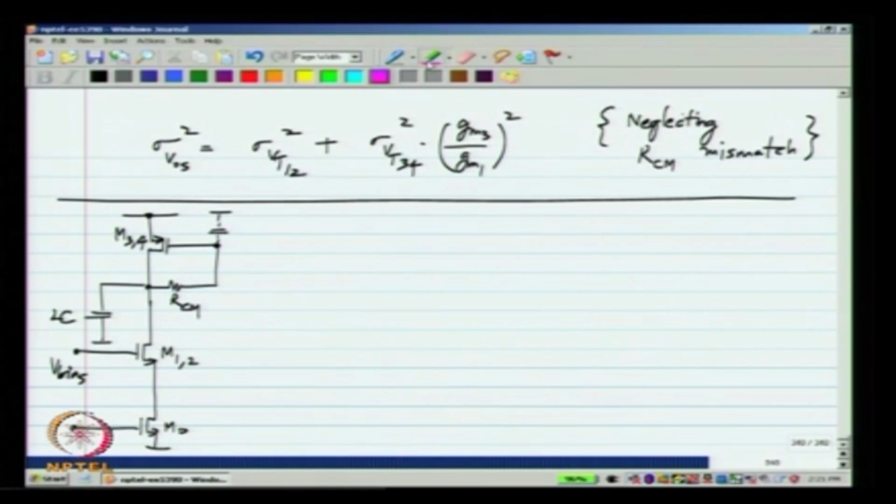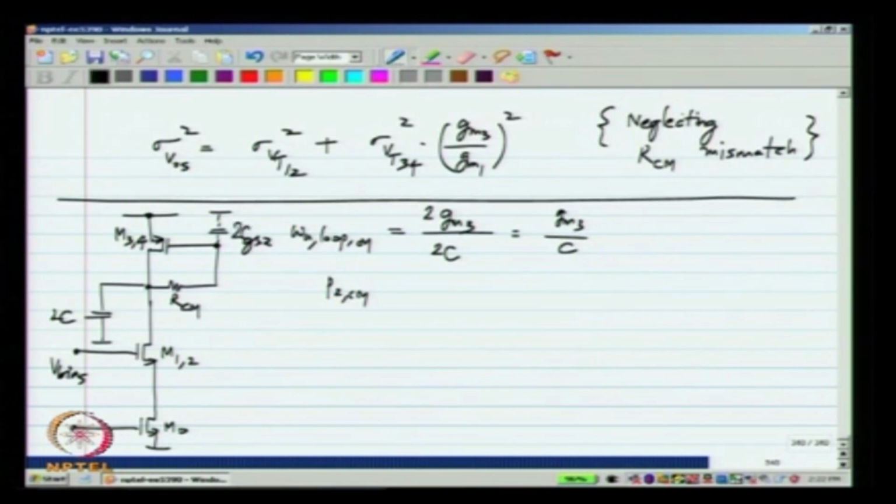Okay. Now, in this loop the integrator is formed by the Gm of M3 and M4 and this capacitor 2C. So, the unity gain frequency of the common mode feedback loop is Gm3 by C, and there is a parasitic pole due to this R and that C. Okay, and this C is nothing but 2 times CGS3.